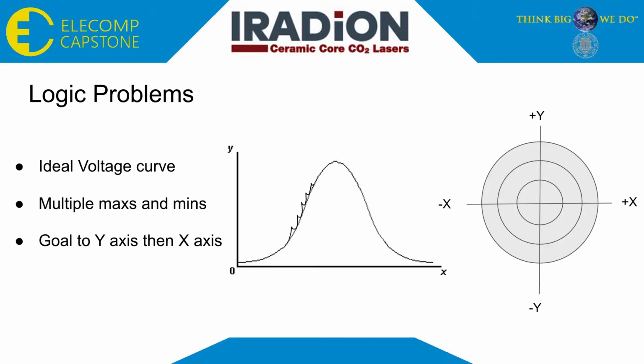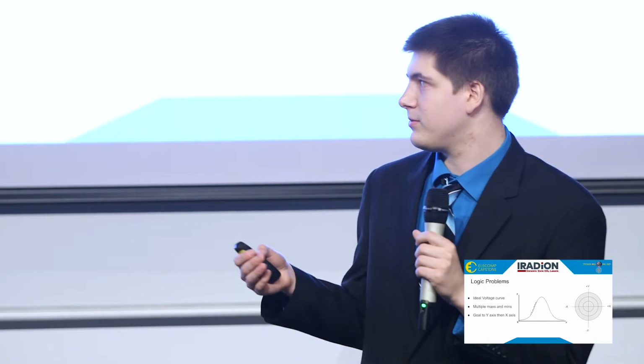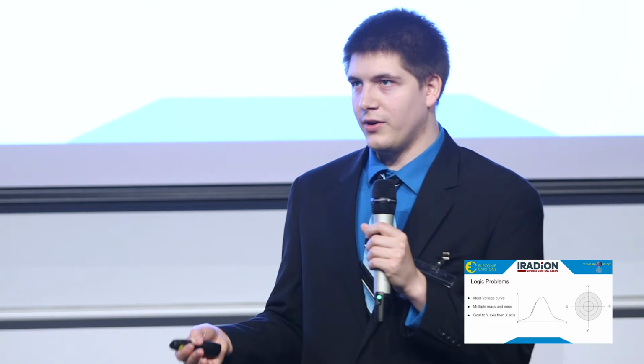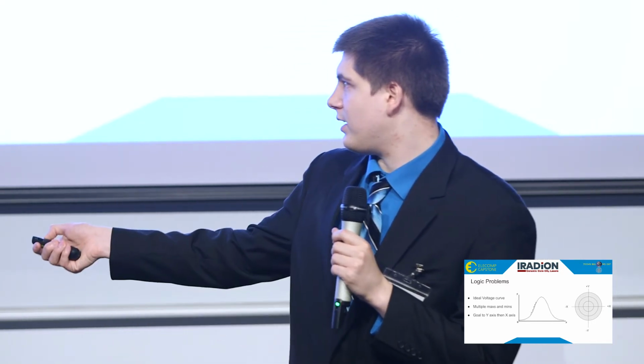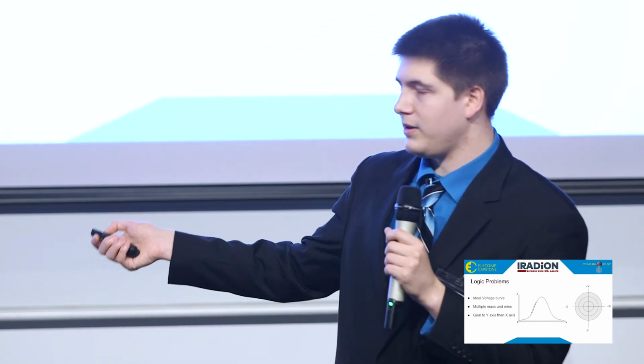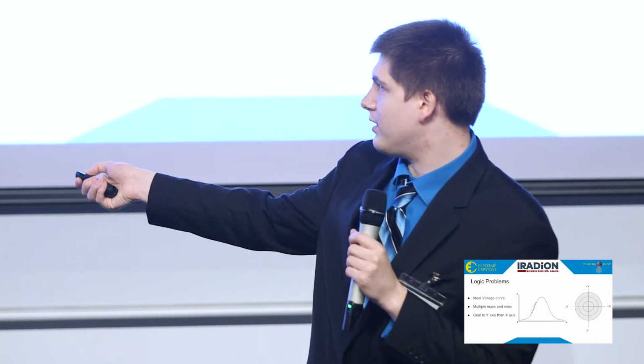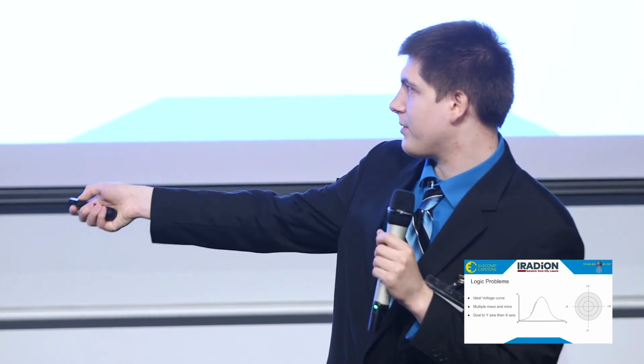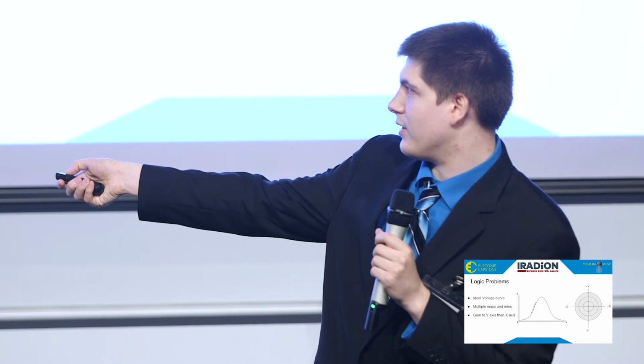When turning the screws, the laser technicians will look at the power and the shape of the beam. Unfortunately for us, we can only look at the power output, which will be a voltage. This is the ideal voltage curve that we were following, and this is a top-down view where the rings represent the points going up the curve.